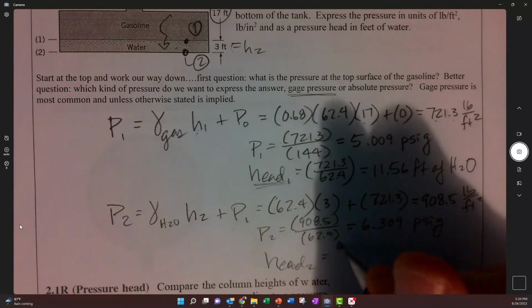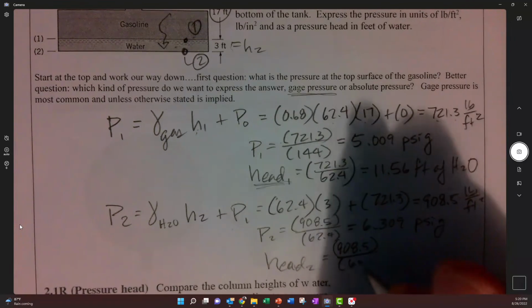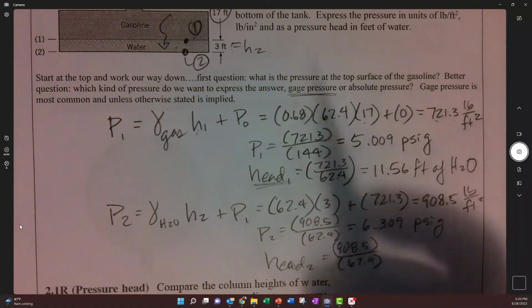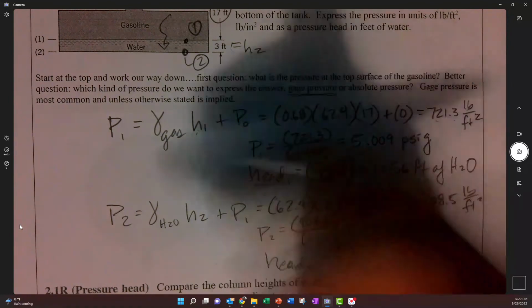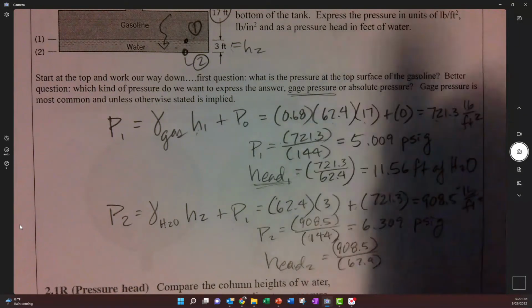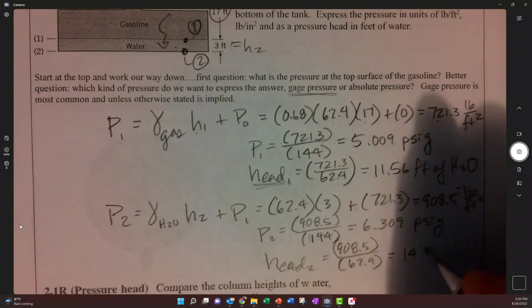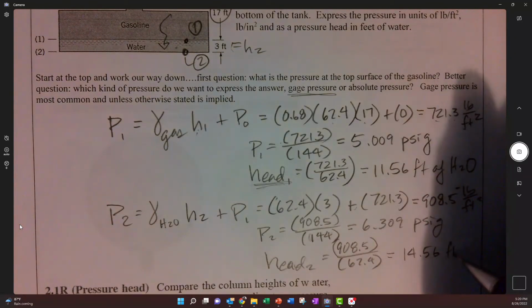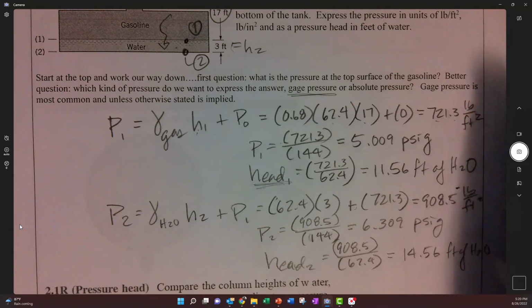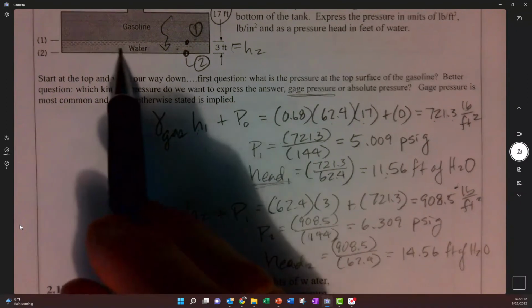And that's 908.5 divided by 62.4. Whoop, I made a mistake up here. I'm sorry. I looked down at the wrong line right here. This is supposed to be 144. Darn. Oh well, we'll keep it. So we had 14.56 feet of H2O. Well, actually, we could have just added 3 to this right here because this part of it was water, right?